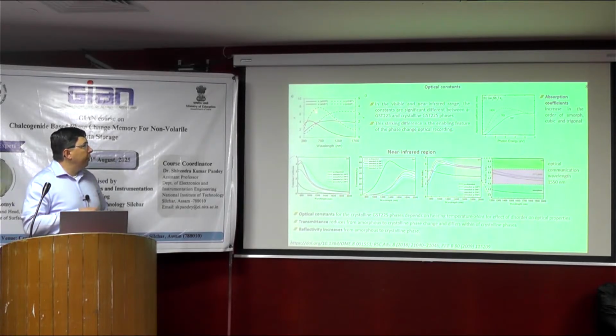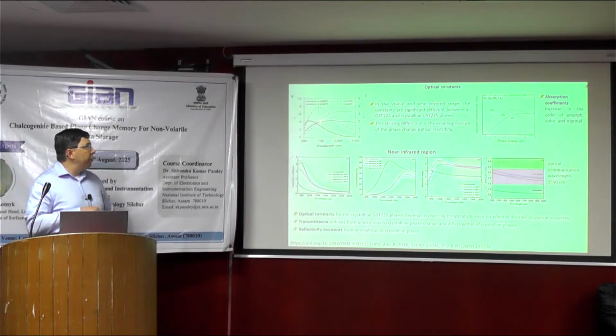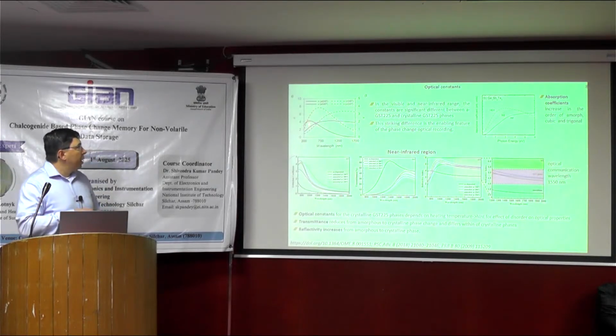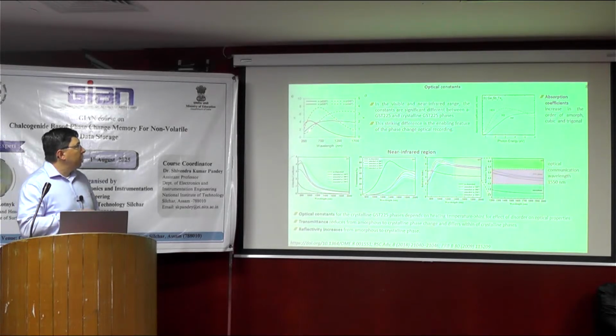Here in the visible and near infrared region, the constants are significantly different between amorphous and crystalline phase change materials. If you consider this graph, you can see this is the K, the extinction coefficient, for crystalline, and this is for amorphous GST.